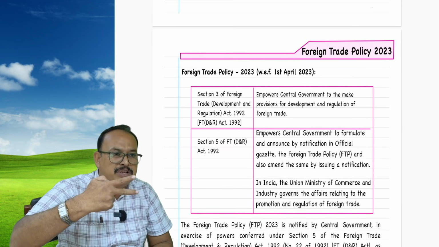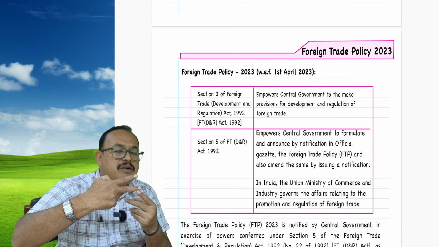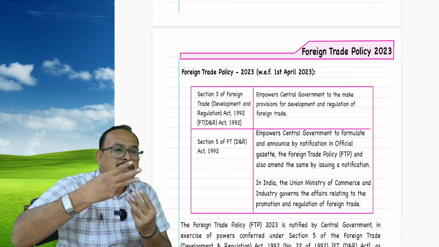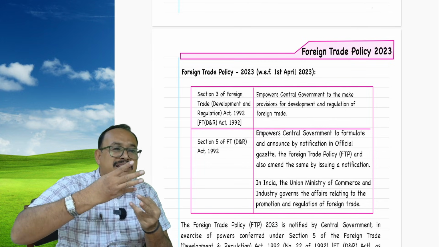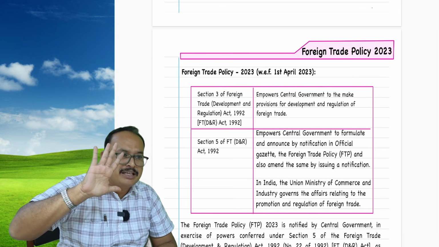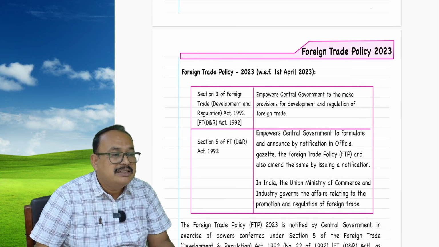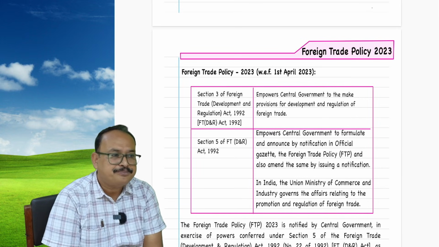Coming to duty remission schemes, there are two: the duty drawback scheme and remission of duties and taxes on exported products. Thereafter, EPCG, the export promotion capital goods scheme. Thereafter, the EOU, EHTP, BTP and STP schemes. Thereafter, deemed export schemes. And finally, I included the SEZ schemes. As simple as this. Got the clarity, my dear?